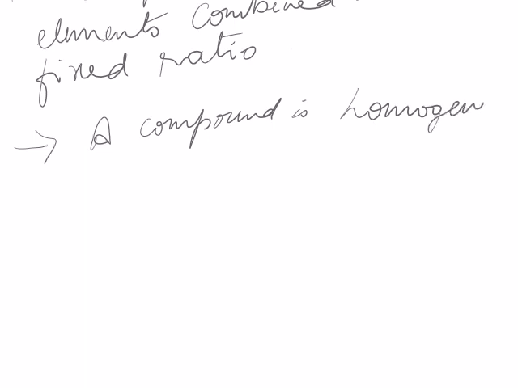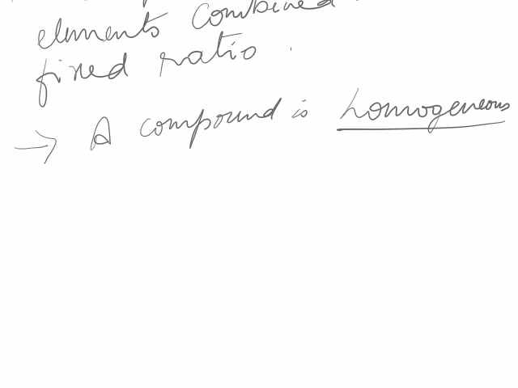Then a compound is homogeneous. Homogeneous means uniform. For example, in water you cannot say here is hydrogen, here is oxygen. Can you identify its constituent elements in water? No. It is throughout uniform. It does not show the presence of either hydrogen gas or oxygen gas, but it is composed of them.